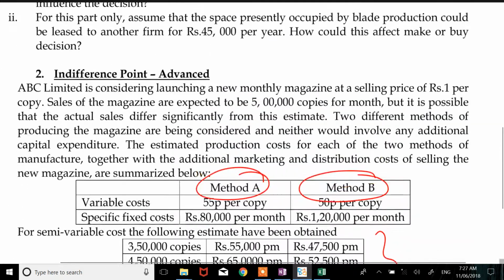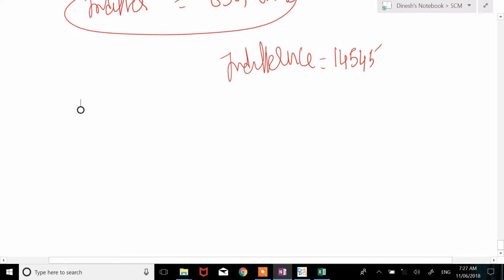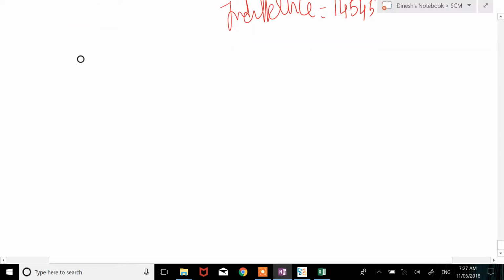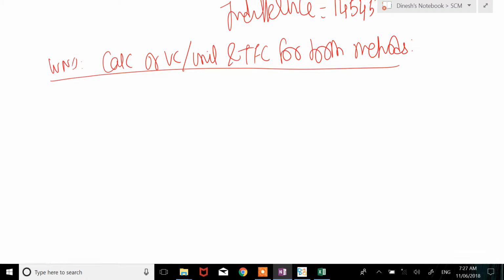Calculation of VC per unit and TFC for both methods.